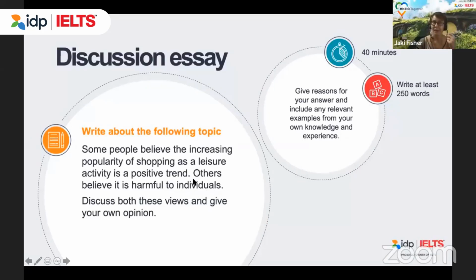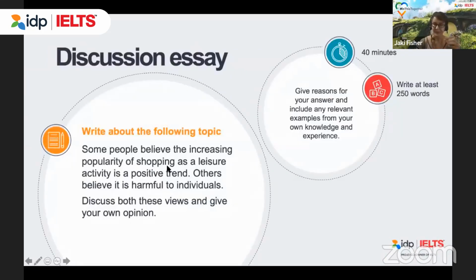Okay, so in this essay, you have to think of reasons, first of all, why you have to argue view 1, that shopping is a positive trend. So can you think of any reasons now? So one thing that I really encourage you to do is brainstorm. Before you write, think of your reasons. It will give you a much better essay. So what are some reasons why more people shopping? Why is that a positive thing?